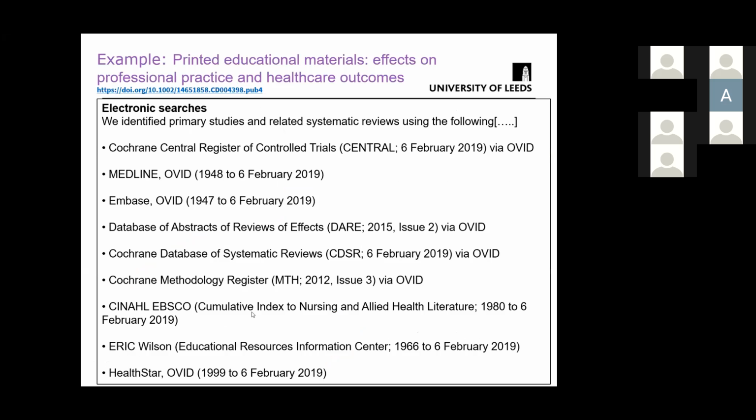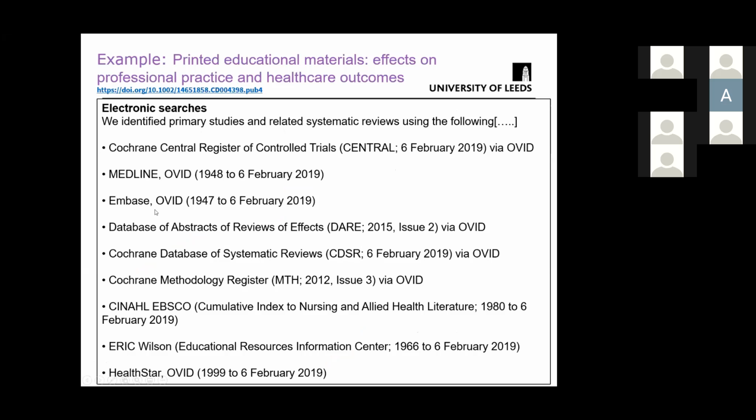Now, when it comes to writing up our systematic review, we want to be as clear as possible. This example is from a recent Cochrane review, and here we can see which databases they searched, the dates that they searched them. So for example, they searched Central on the 6th of February in 2019 using the Ovid interface. They used the Medline Ovid version. Theirs is 1948.